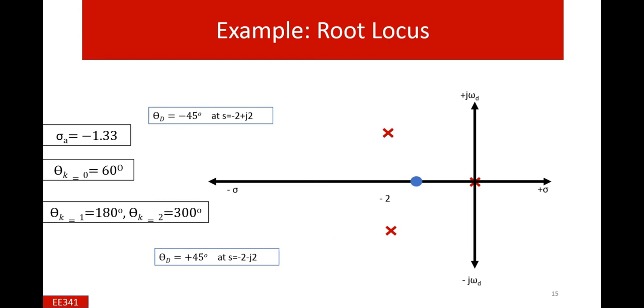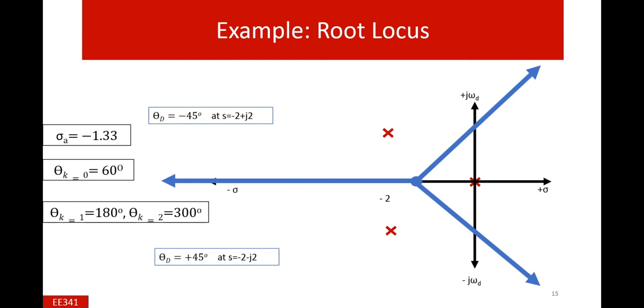So by using the parameters we are finding here, in the given transfer function we have three poles, and we find the center of asymptote here. The asymptotic lines are making the angles 60, 30 and 180, and the blue lines represent the asymptotes.